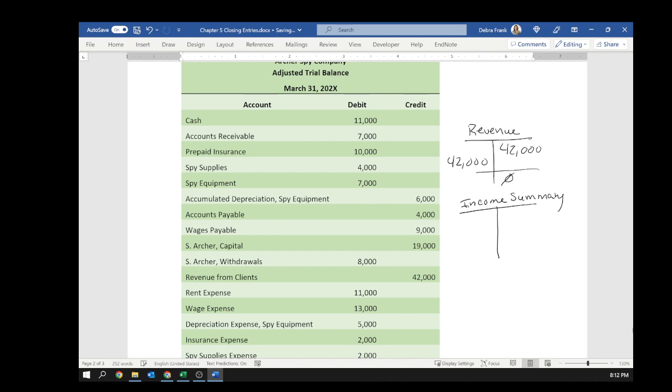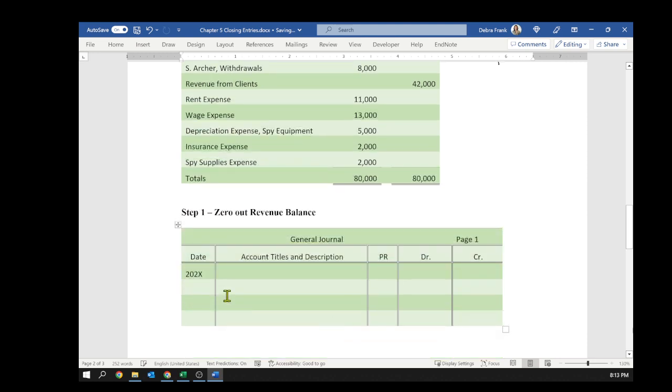But revenue and expenses, we're going to dump them over to this account to get us to balance for our debits and credits for our journal entry. And then we'll close out this income summary account. So we did a debit to revenue, so I need a credit. So I'll do a credit to income summary. And then I will now start doing the journal entry. So I have a debit and a credit, so let's go ahead and record that journal entry.